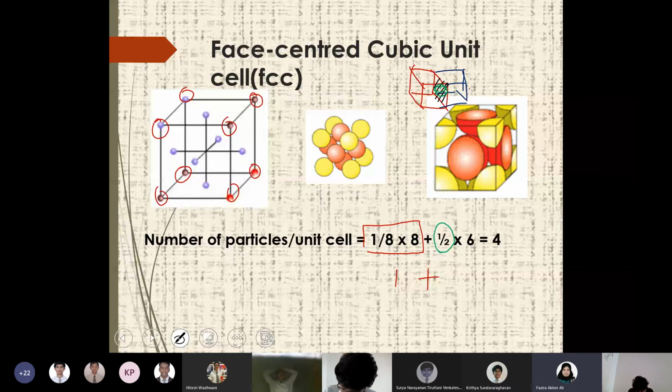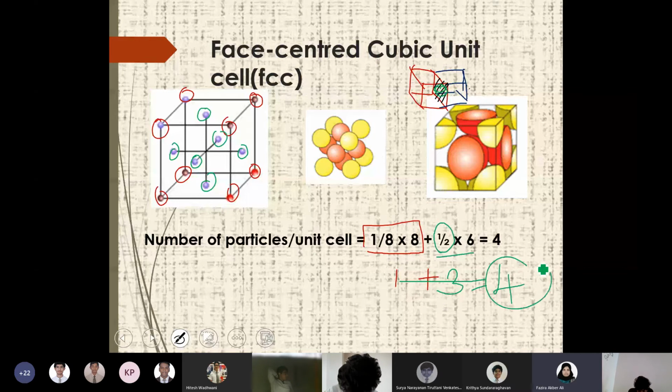So the contribution of that particle will be only half because it's shared between the 2 unit cells. So such 6 faces are there. Such 6 faces mean 6 into half, that will become 3. So total 4 particles per unit cell.